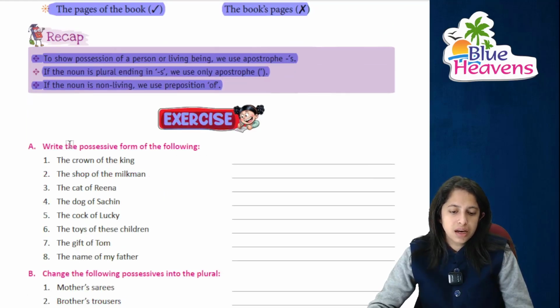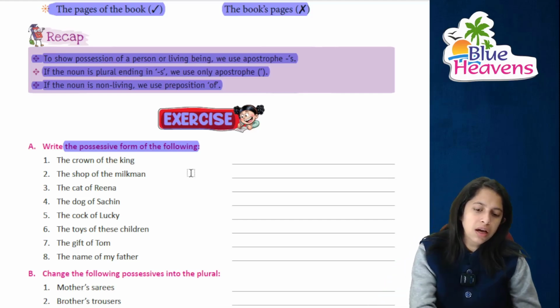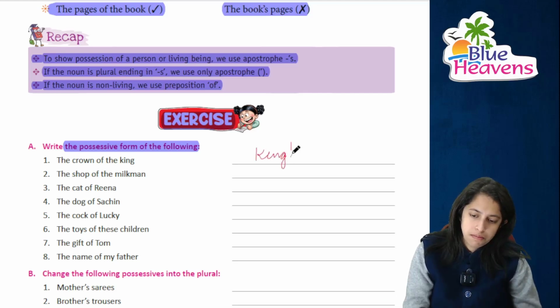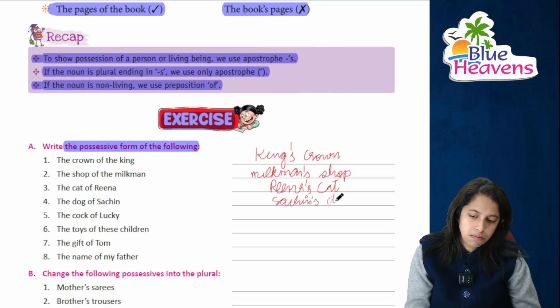We will be doing the exercise. You have to write down the possessive of this. The crown of the king, आप लिख सकते हैं the king's crown. Right? The shop of the milkman, it's milkman's shop. The cat of Reena, Reena's cat, रीना की बिल्ली है वो. The dog of Sachin, आप लिख सकते हैं Sachin's dog. The cock of Lucky, of course it's Lucky's cock.